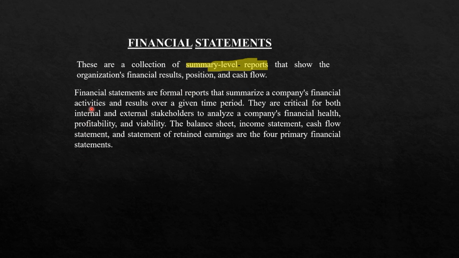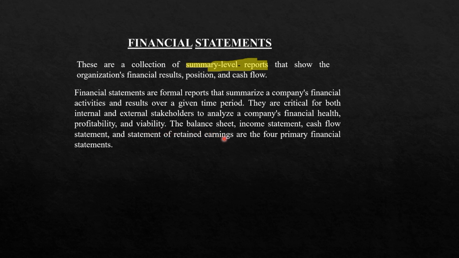Then, financial statements are formal reports that summarize a company's financial activities and results over a given time period. They are critical for both internal and external stakeholders to analyze a company's financial health, profitability, and viability.